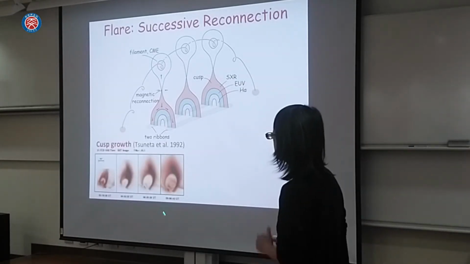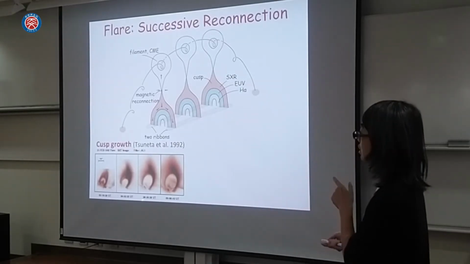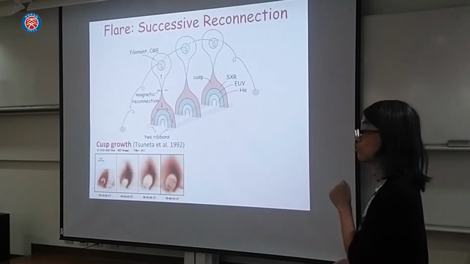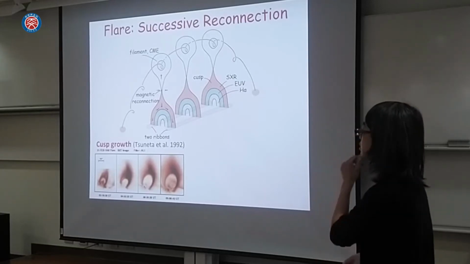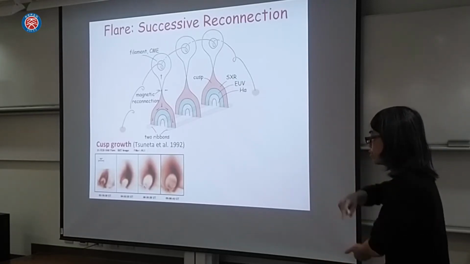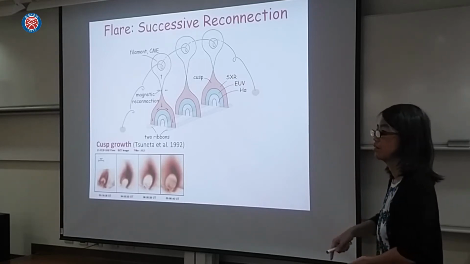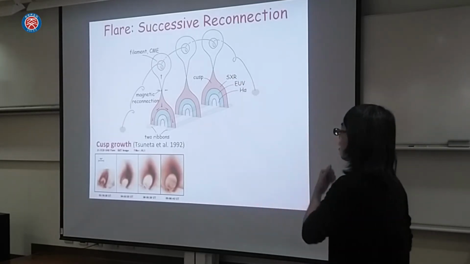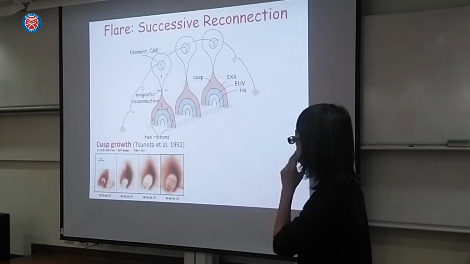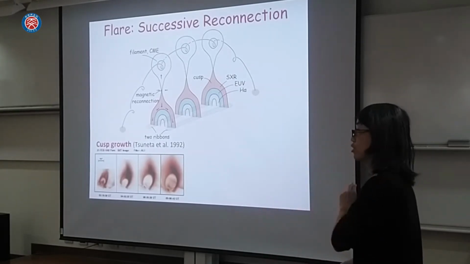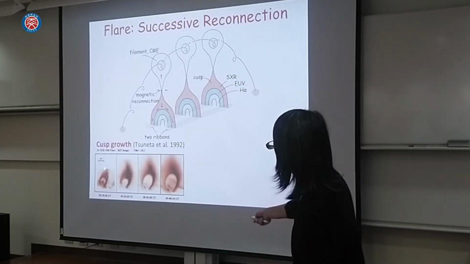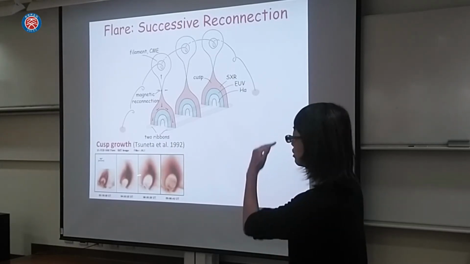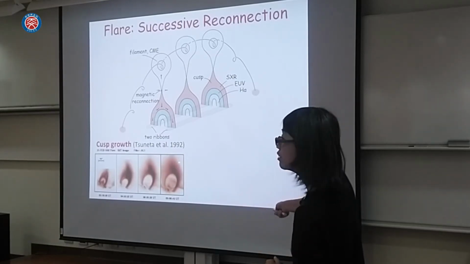Something like this is a local observation. This is the X-ray observation, the cusp shape like this. We say this is a flare loop that has just reconnected, so the plasma is still hot and can be observed in soft X-ray. As time goes by, you can see the cusp shape growing, so the height gets higher and higher.